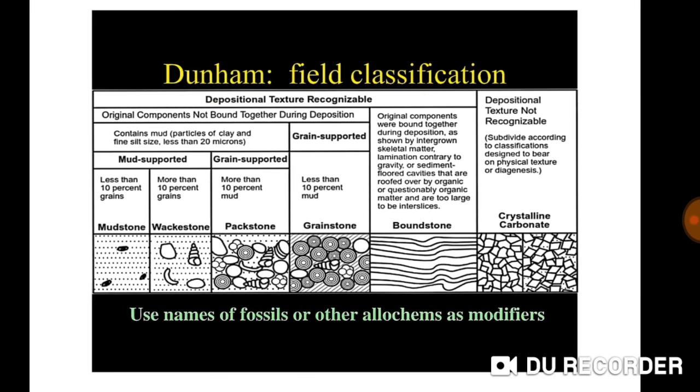The original carbonate formed in place and consisting of intergrowth of skeletal material is known as boundstone, while the original carbonate not bound together during deposition is further divided into two groups. The first one is mud supported and the second one is grain supported.